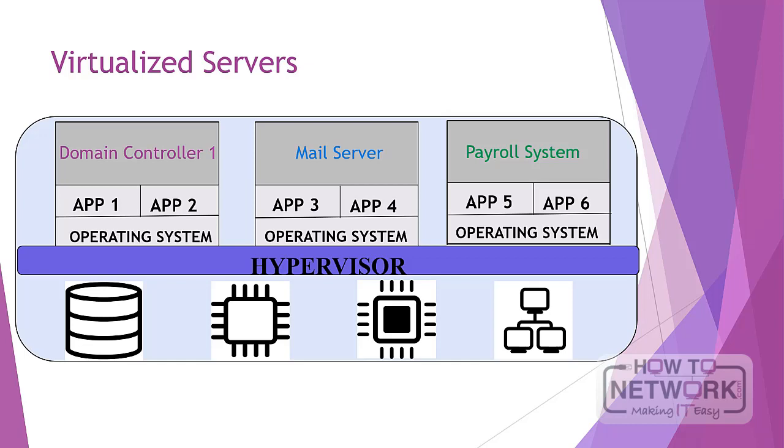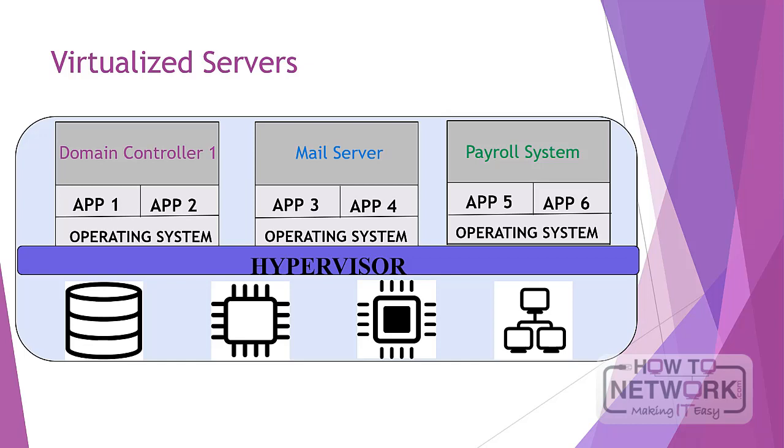The way to do that is by using a special operating system called a hypervisor. You can see that in the picture in purple. The hypervisor manages all the physical resources that you can see below: the hard drive, the memory, CPU, and networking.